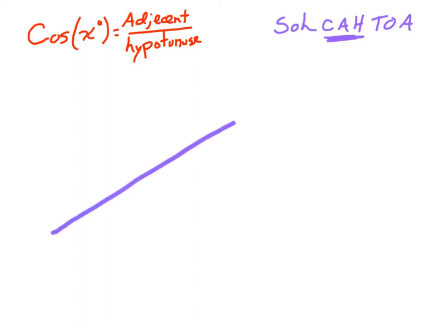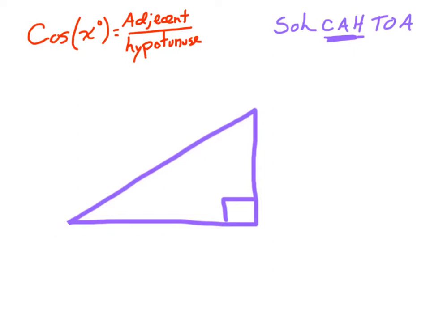Again, it still only works if you are working with a right triangle. If you don't have a right triangle, it just isn't going to do it for you. And you still have to have some angle here. We'll call that x. But now all of a sudden, the adjacent side is the side that is next to the angle.